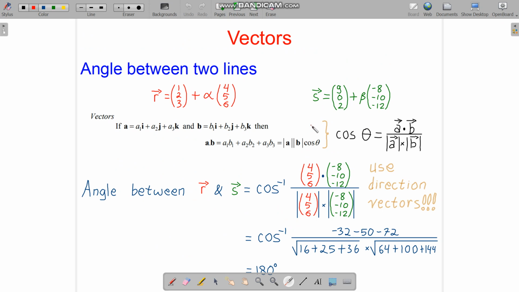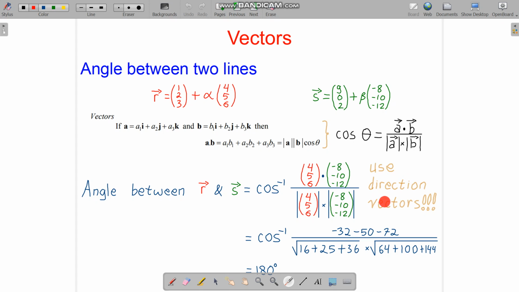And the angle between two lines, so if we have a red line and a green line, we're going to find the angle. We use the dot product. So we use A dot B equals magnitude of A, magnitude of B cos theta, but we're finding theta, the angle. So cos theta equals A dot B over magnitude of A times magnitude of B. So for example, here inverse cos of A dot B divided by magnitude times magnitude.